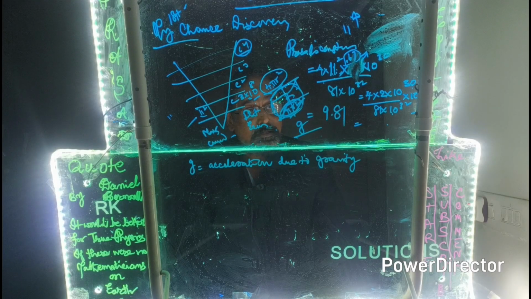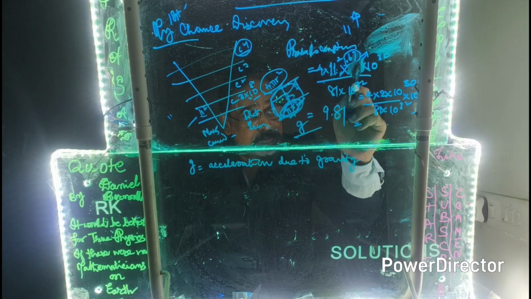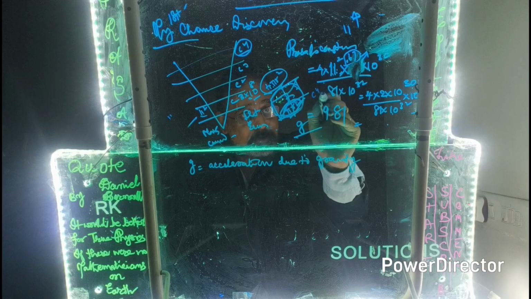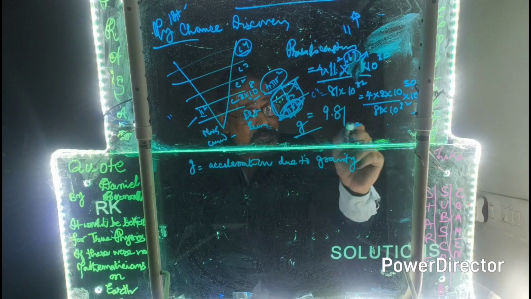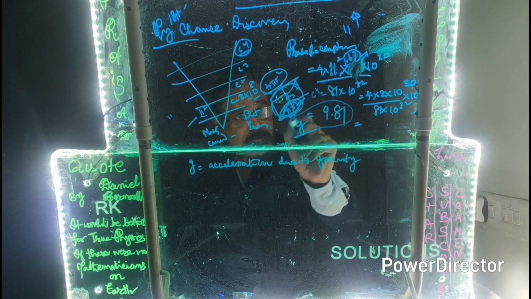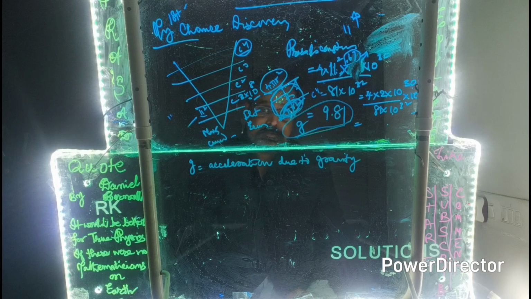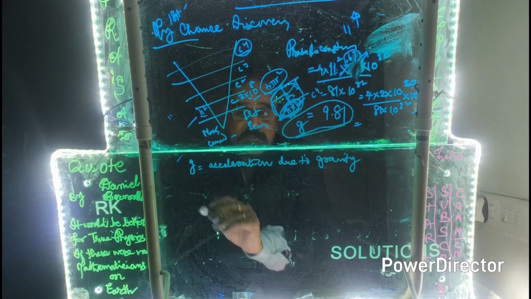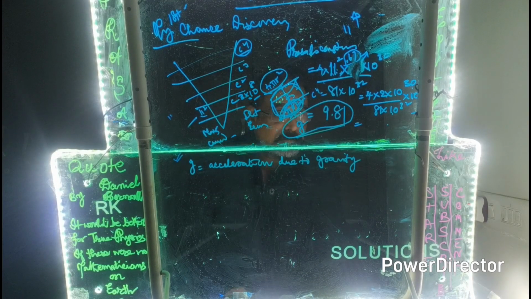Not 2, 200. So 4 times 200 into 10 raised to 30 by 81 into 10 raised to 32, which is nothing but C4. If you take this, it comes exactly to 9.81, which is nothing but acceleration due to gravity.